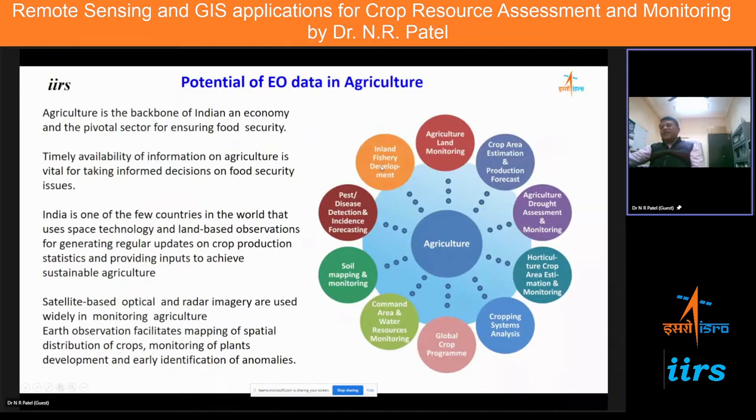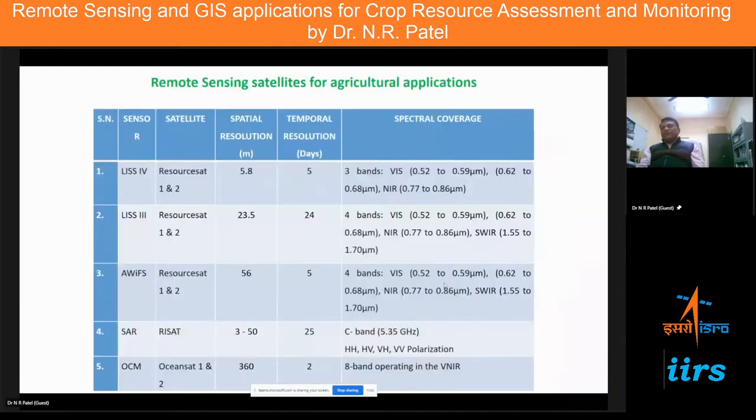Nowadays, even satellite data is used for identifying aquaculture and is useful for aquaculture productivity, pest and disease monitoring, soil mapping, command area and irrigation monitoring. All these applications are very much useful for farmers as well as policymakers. Now let us see some Indian remote sensing satellites being used, or that have been used for almost the last 2 decades, for various kinds of agriculture applications.